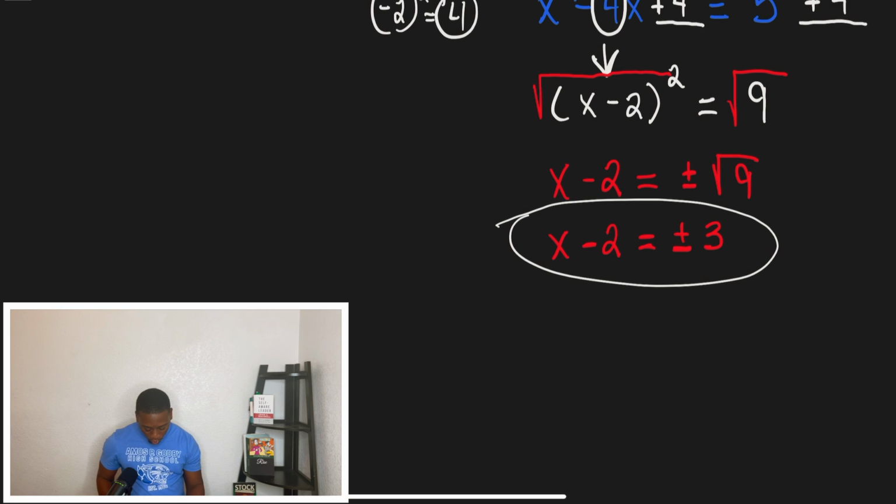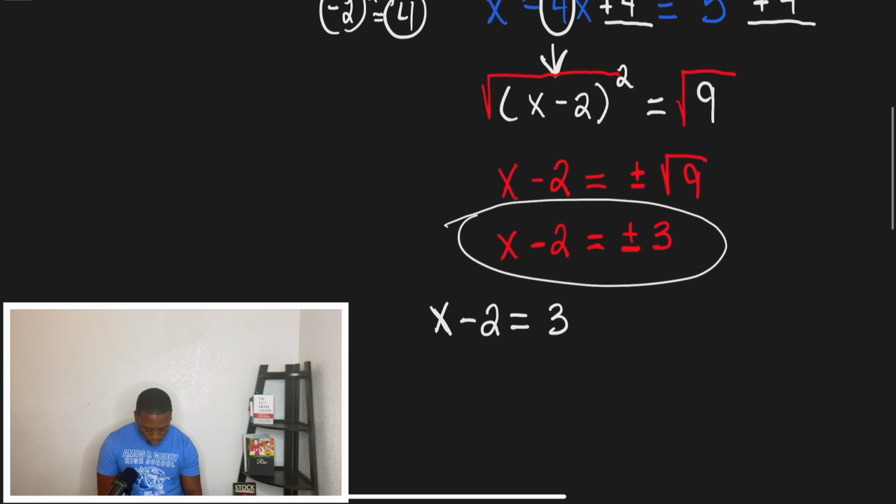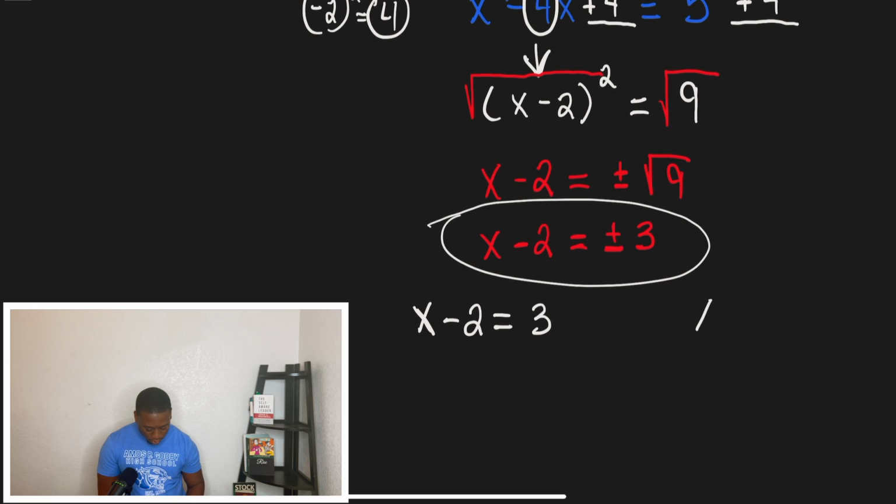So last step now, what we want to do is split this into two different equations, and we're going to solve for both of them. So my first one, I have x minus 2 is equal to positive 3, right? And then my second one will be x minus 2 is equal to negative 3.